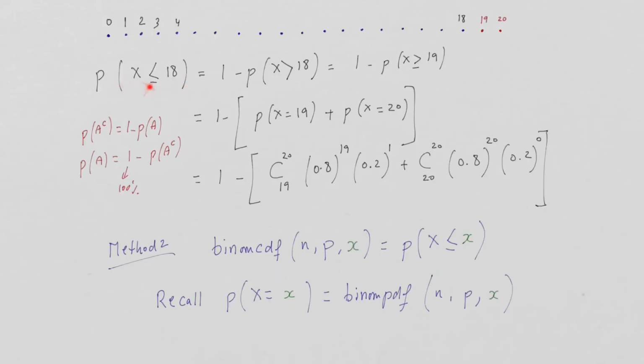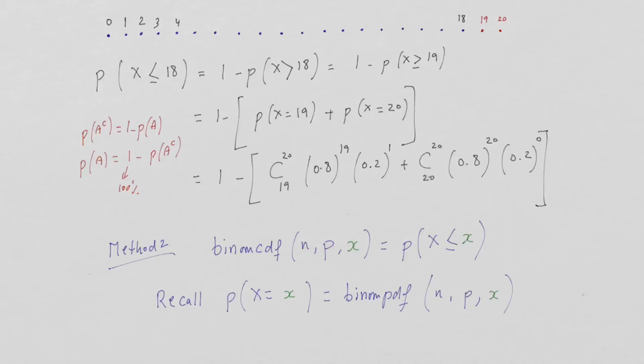When you have less or equal, you can use what we call binomial CDF, not PDF, but CDF, binomial cumulative density function. This is binomial probability density function when you have equal. When you have less or equal, like 18 here, you do binomial CDF and PX.